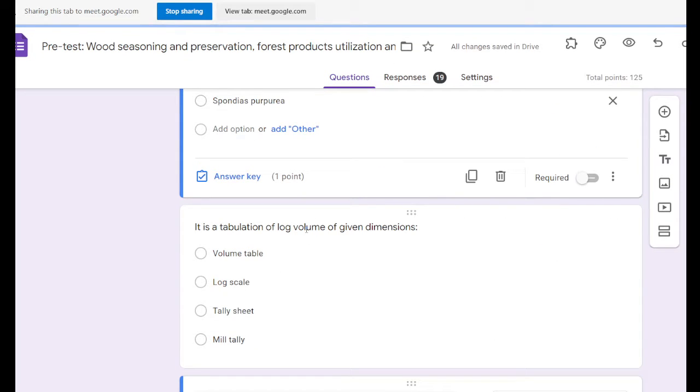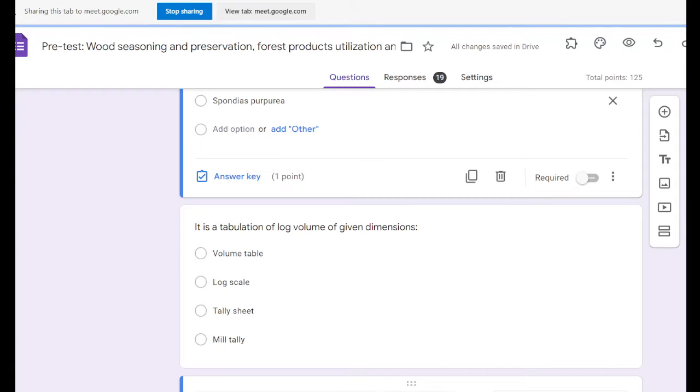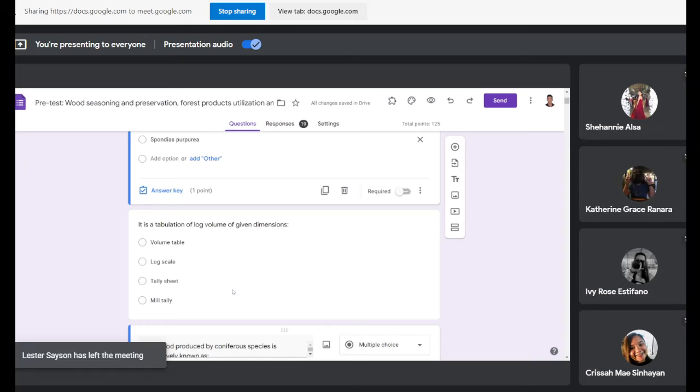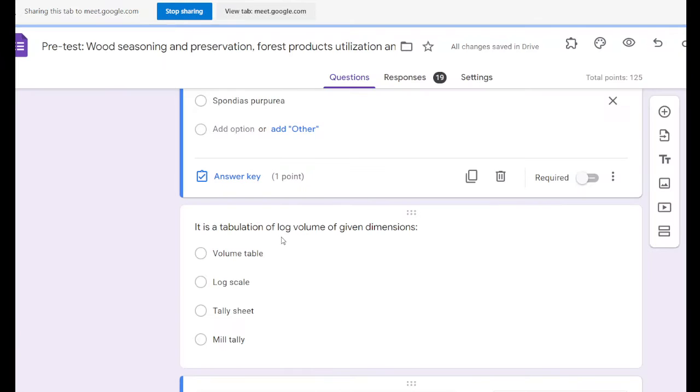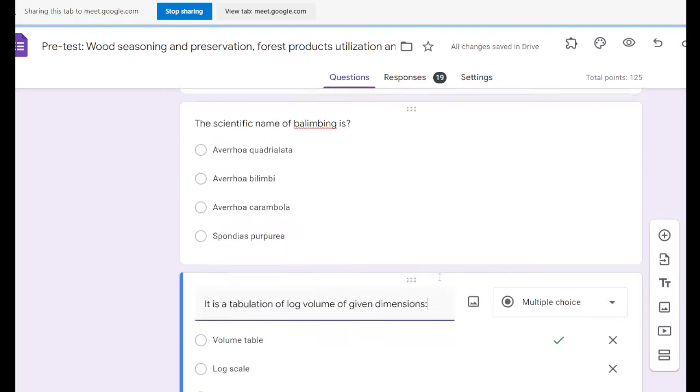Next, it is a tabulation of log volume of given dimensions. So, answer ani? Si Honey. Log scale, sir. Actually, the correct answer for this one is volume table. It's not a log scale.